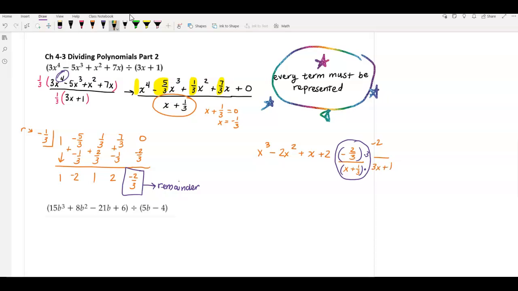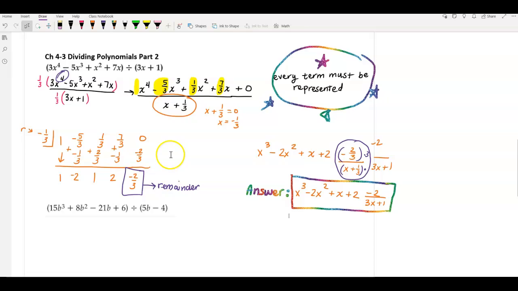So our answer is actually x cubed minus 2x squared plus x plus 2 minus 2 over the quantity 3x plus 1. So yeah, many more steps than necessary, but we still got to learn them.